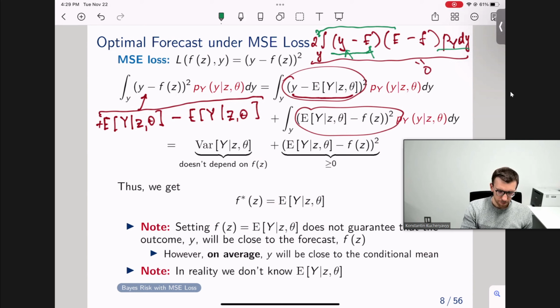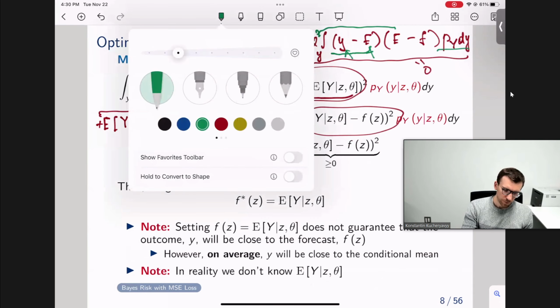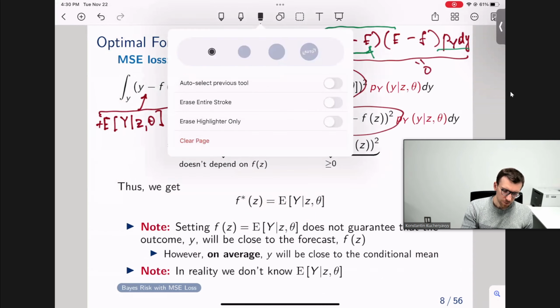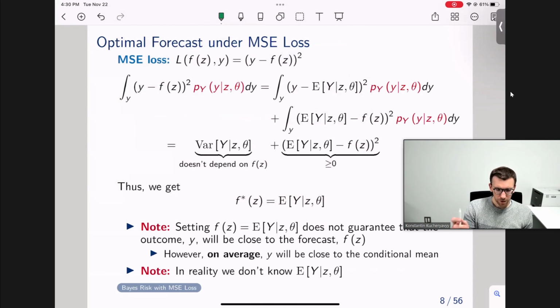And then we are left only with the two quadratic terms. The first quadratic term is by definition the variance of y, and it doesn't depend on f. So when we're minimizing with respect to f, this part is irrelevant.